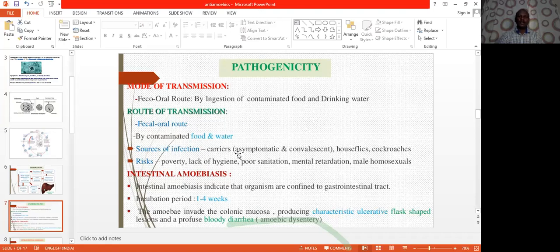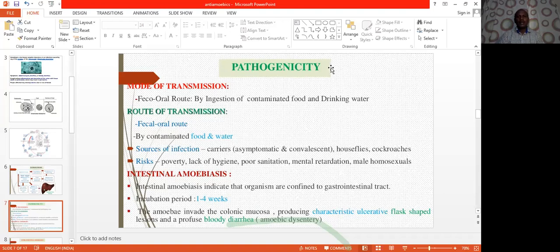Flies, house flies and cockroaches can transmit it, and mainly if you don't maintain hygiene and have poor sanitation, infection can occur.